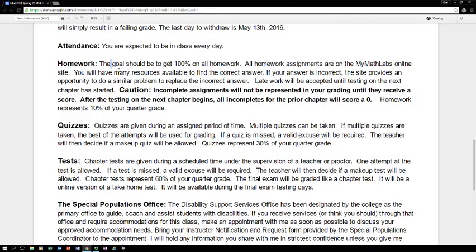My goal, and your goal hopefully, would be that you get 100% on your homework. You can use all the resources available with the online course, your books and Google, and Khan Academy is another good resource for instruction and explanations of a lot of concepts, especially around algebra. And there are other sources. So your goal should be, I want to get everything right on my homework.